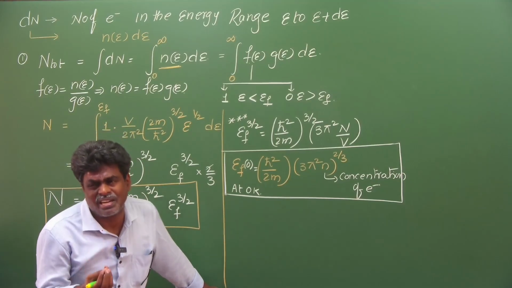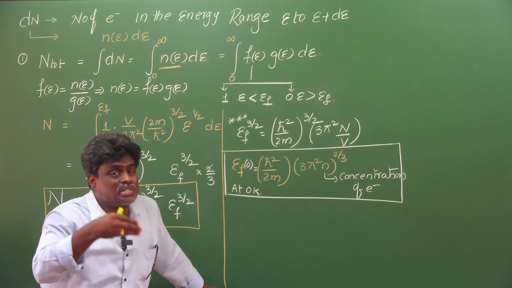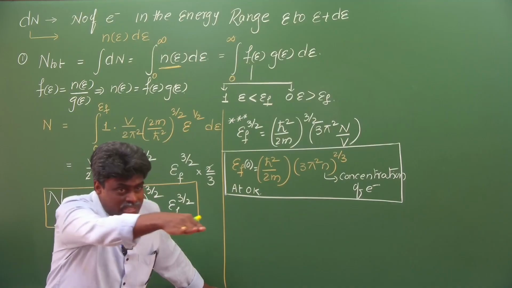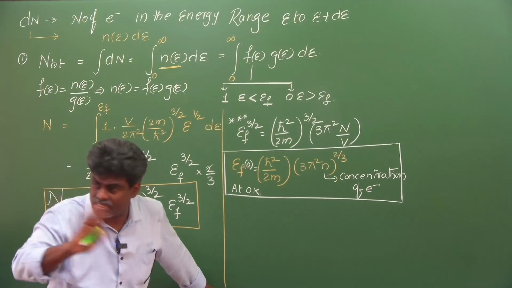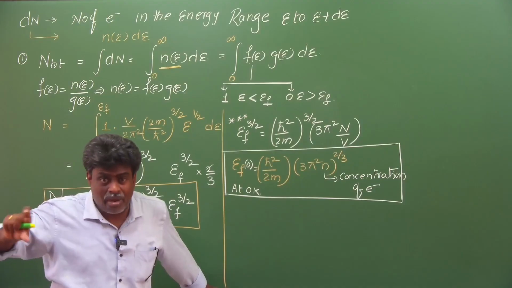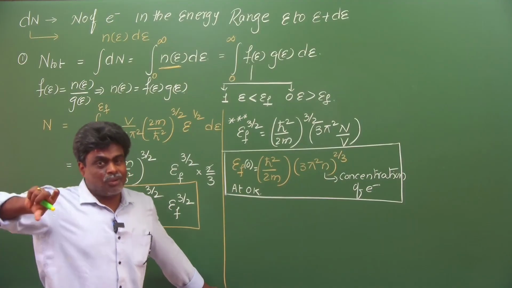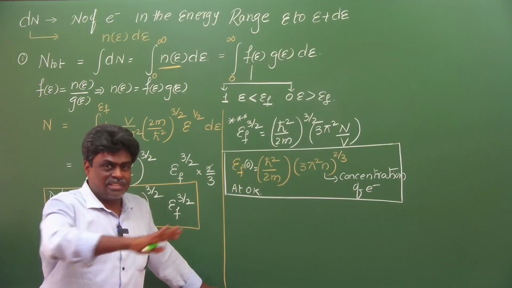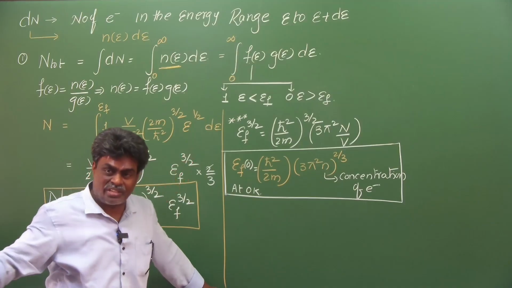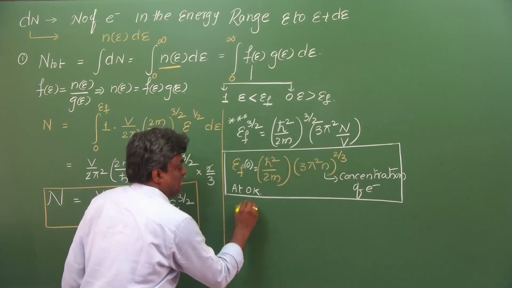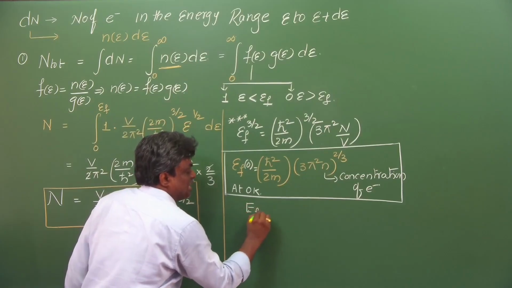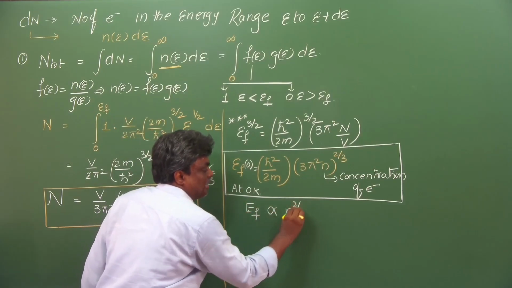Since your system is strongly degenerate, the Fermi level does not depend on temperature. Although you are increasing the temperature, the Fermi level is a constant. So the Fermi energy is proportional to what?